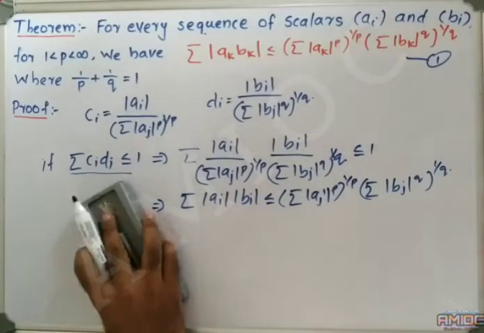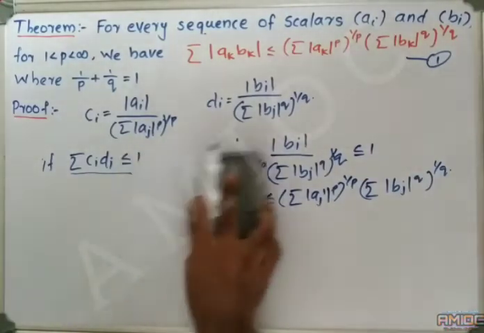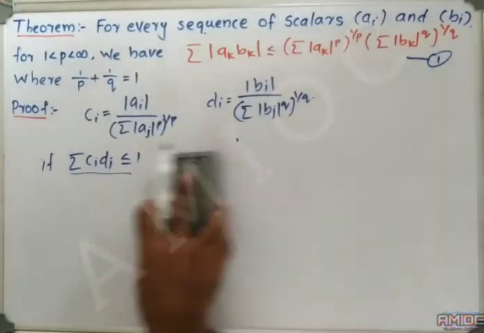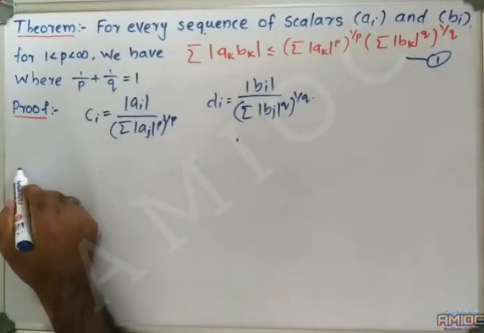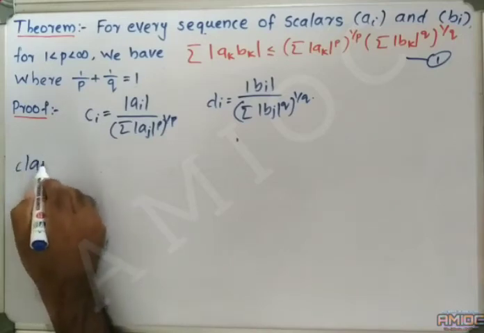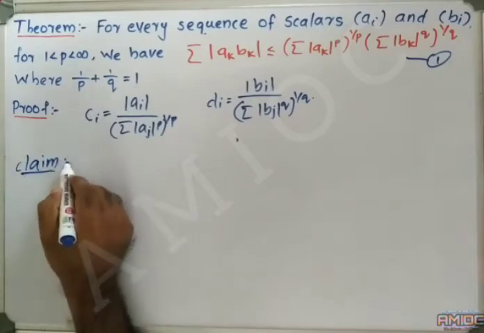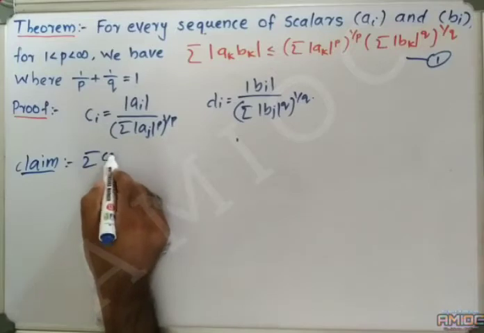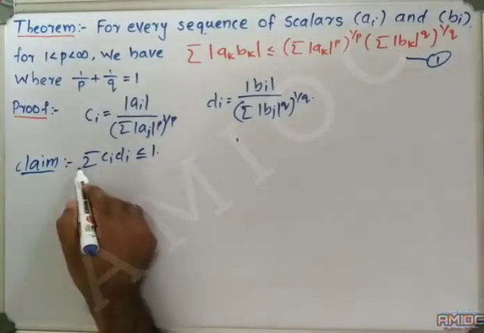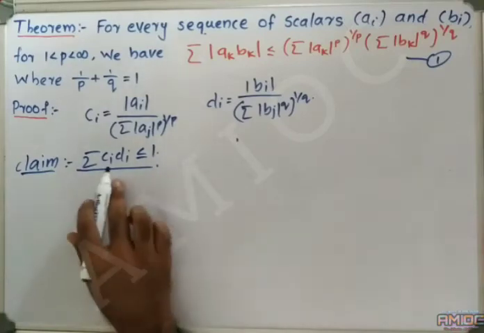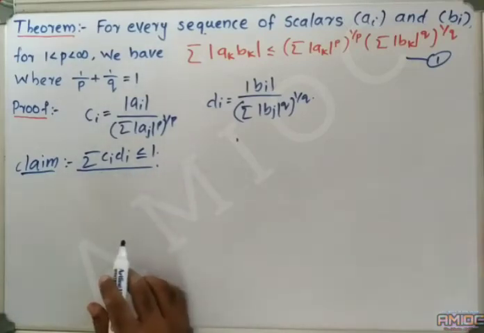To prove this inequality, our claim is summation c_i d_i is less than or equal to 1.